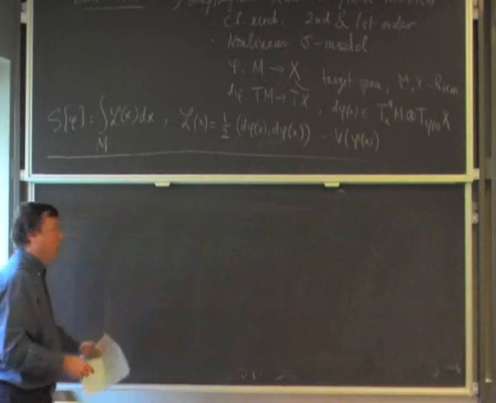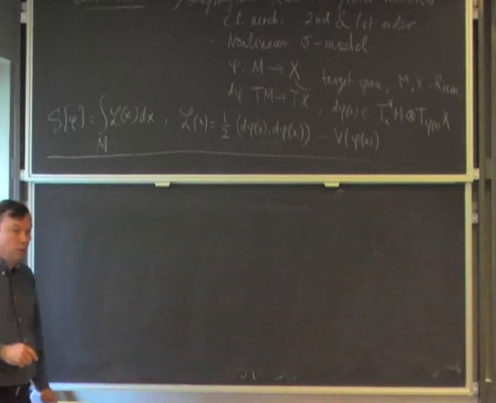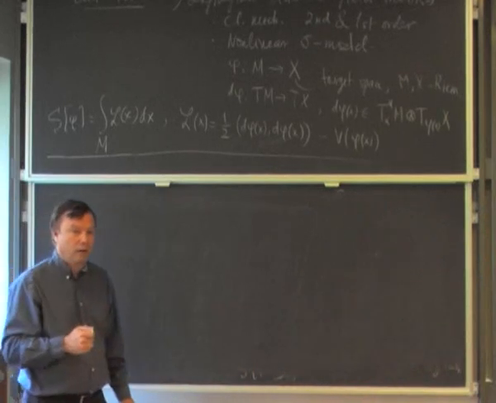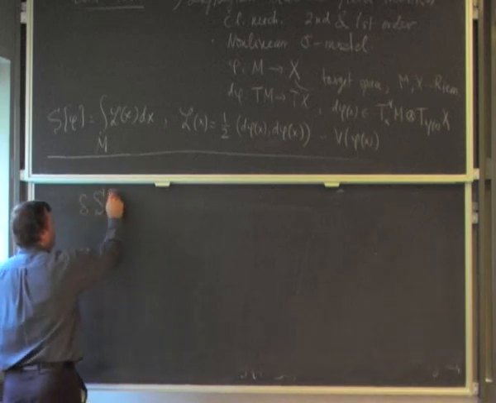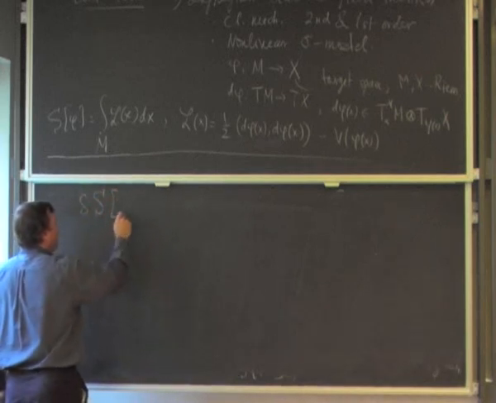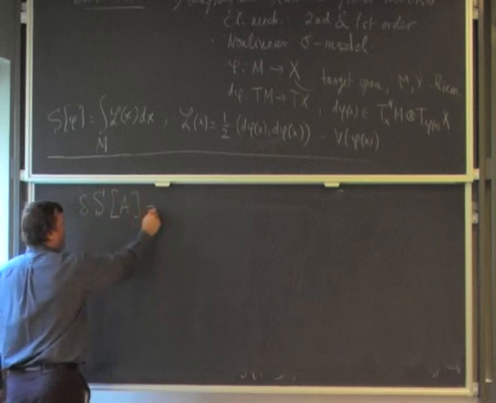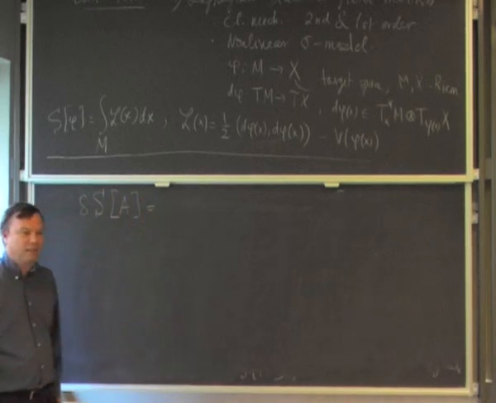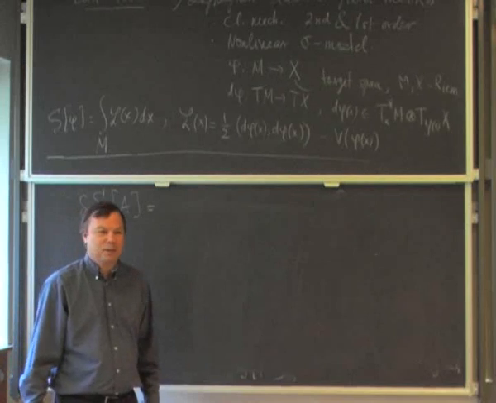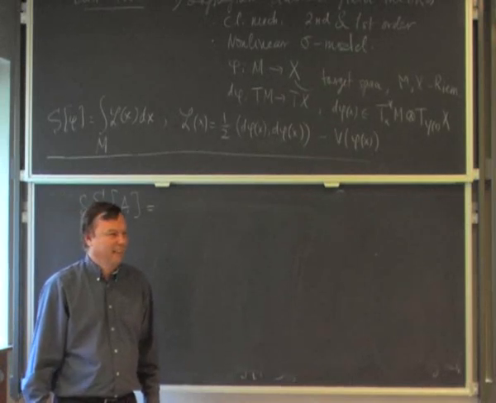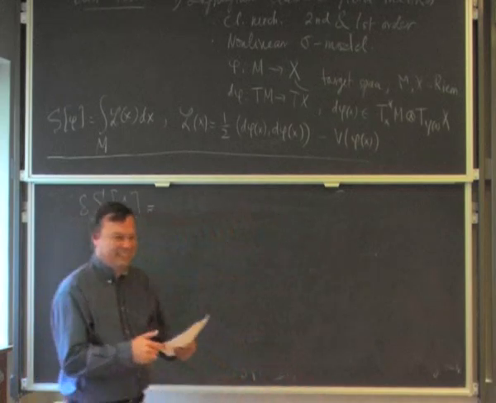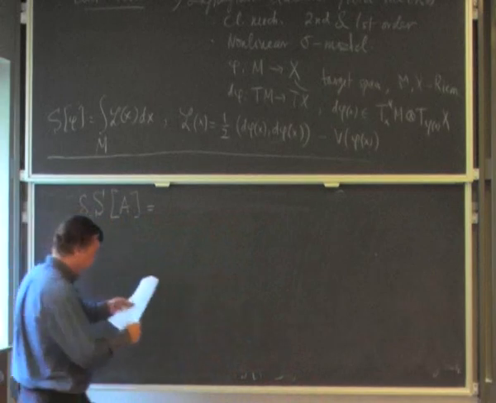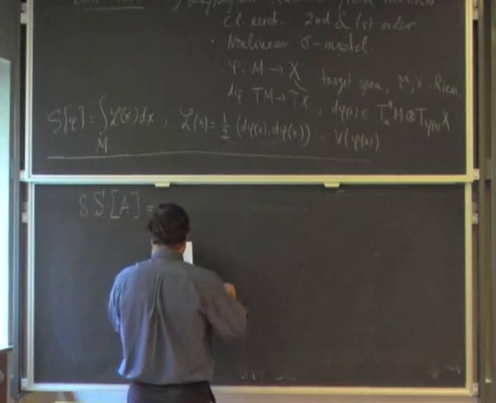I just want to give the answer to an exercise that I gave yesterday, to find the boundary term in the variation of the Yang-Mills theory. Who did this exercise? Only one person. Okay, so let's do it together.